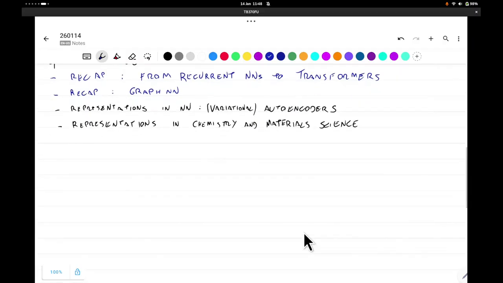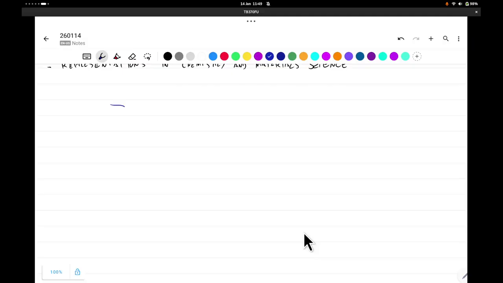So, from the point of view of the recurrent neural networks and the path to transformers, the overall idea is that we start from the neural network architecture of recurrent networks, in which we have some input going to a network.